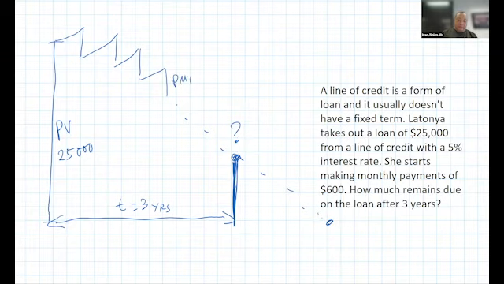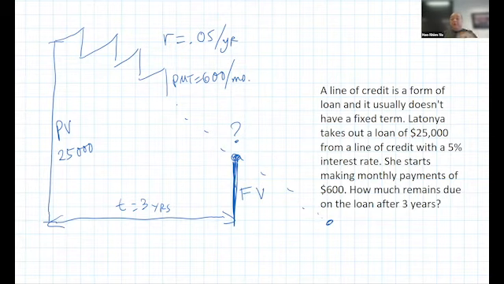We have payment of $600 a month, and we have the interest rate of 0.05 a year. And the question asks for that balance right there, the balance that will be in the future. So that's the future value. So we have all of this information here. We're going to put it into Excel and Google Sheets.